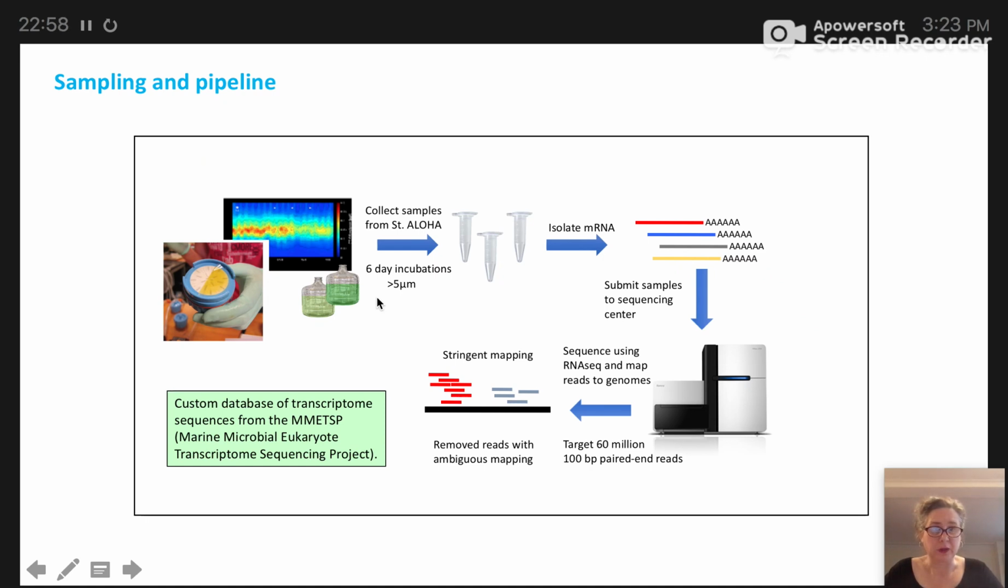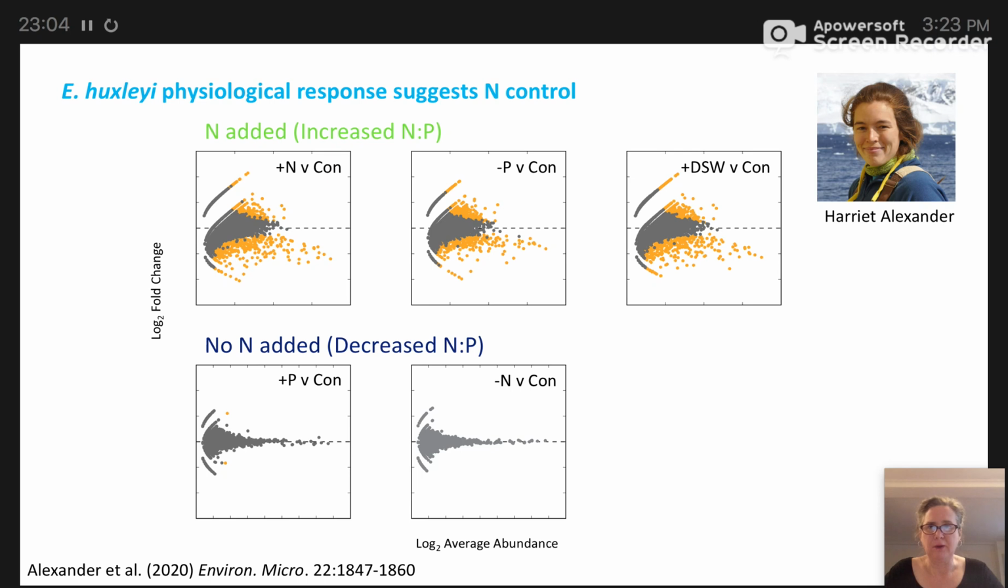So first we'll look at the general transcriptional patterns that we saw in treatments versus the control for E. huxleyi. So this is log fold change versus the log average abundance, where each dot represents an E. huxleyi transcript in this environment.